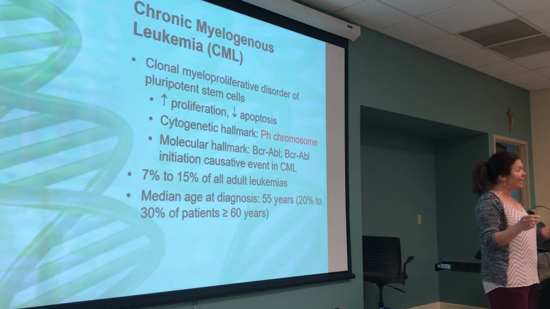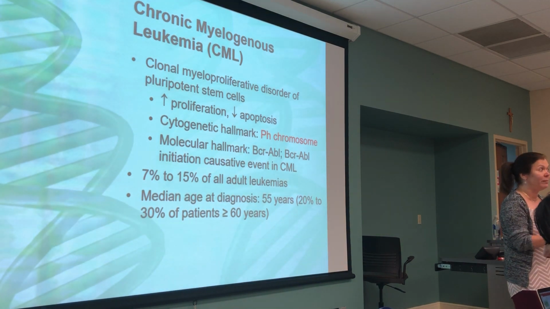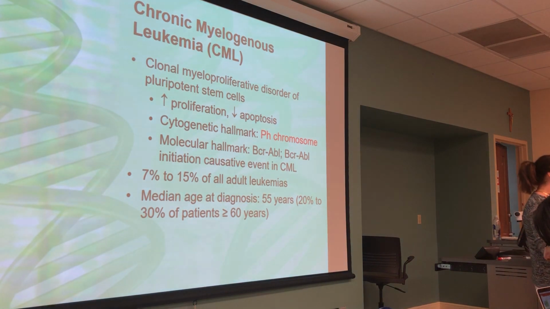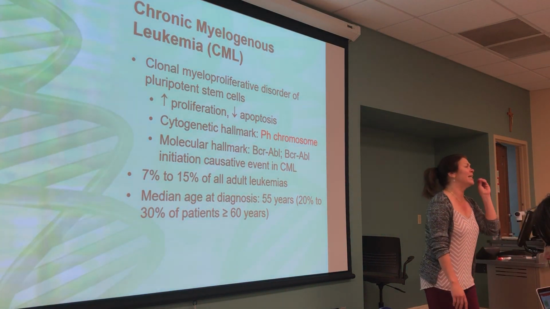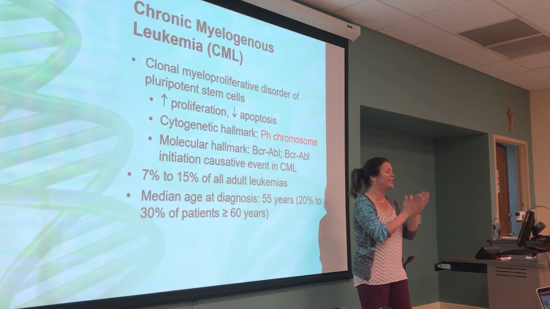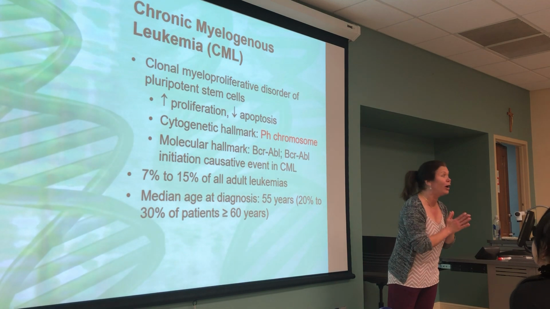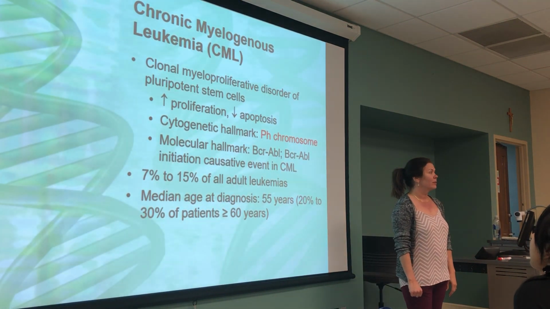In addition, even though acute myelocytic leukemia does have translocations, as I explained to you, in chromosomes 8, 11, and so on, the most significant translocation in chronic myelocytic leukemia is called the Philadelphia chromosome.